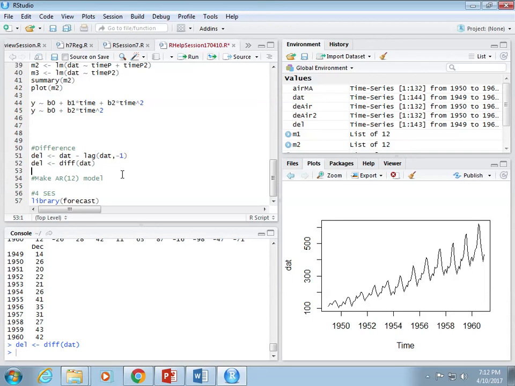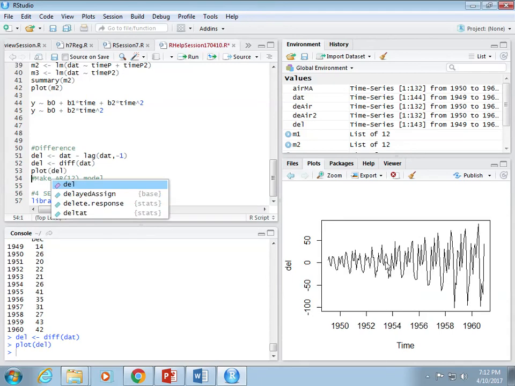Now if we look at this del, let's plot it. It's centered around 0 more, which makes sense because the actual change is around 0. But because the series is increasing, the average isn't going to be 0. Does that make sense? If it's increasing, the average change is still going to be positive. So this is the change: 1950 January would mean how much January had that 1949 December didn't.